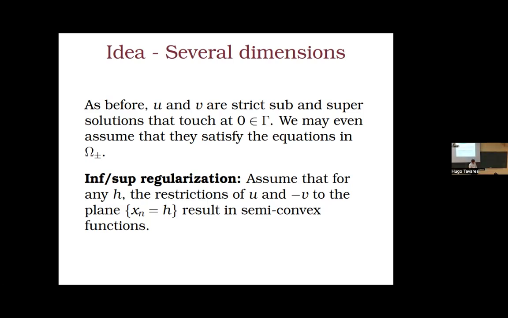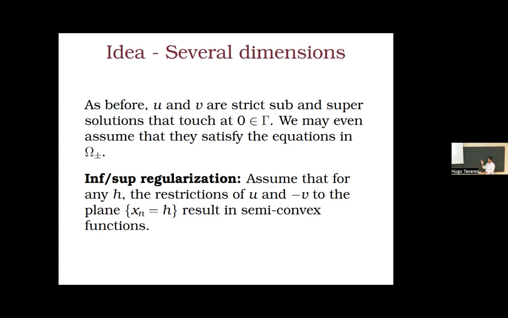So at the point where the functions U and V are touching each other, U is semi-concave, and V is semi-convex. Semi-concave means that at every point you have a paraboloid from above, and semi-convex means that at every point you have a paraboloid from below, but these are n-1 dimensional paraboloids. It's only the dimension of the interface.